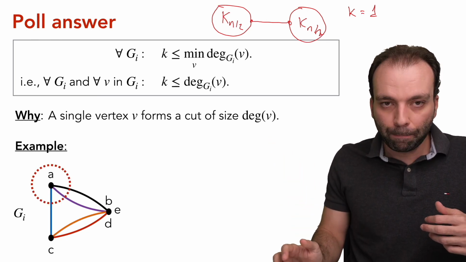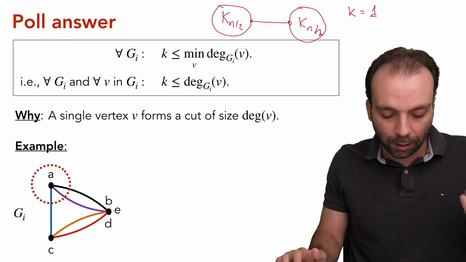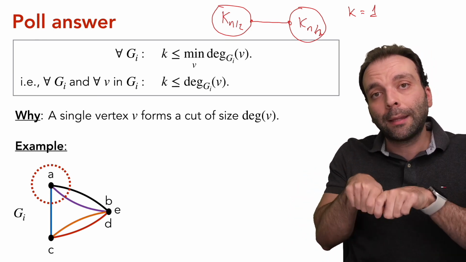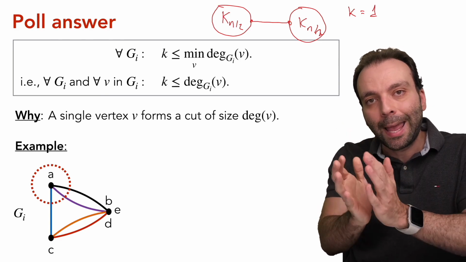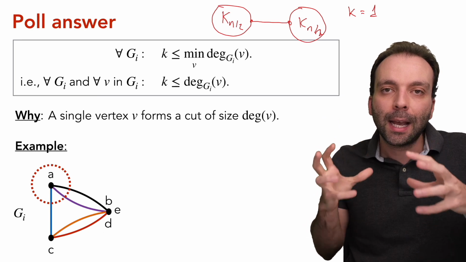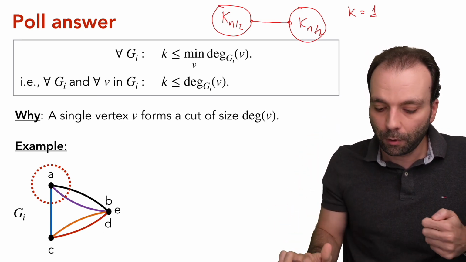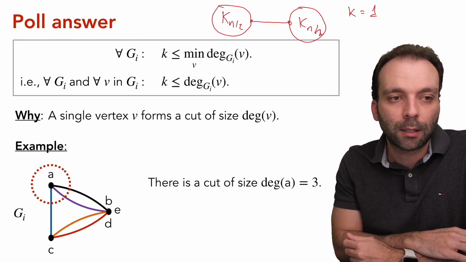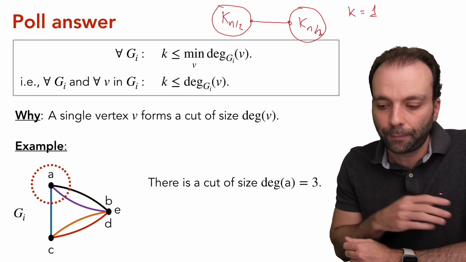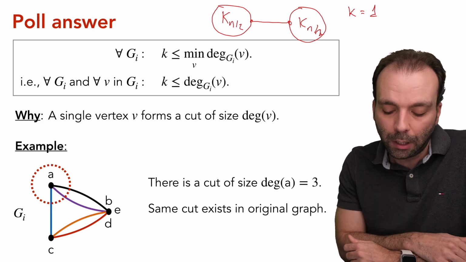Take some vertex, in this case A. If I look at the cut formed by putting A on one side of the partition and everything else on the other side, then I induce a cut whose size is exactly the degree of the vertex. So for every vertex v, there's a cut of size the degree of that vertex. And as we observed before, the same cut exists in the original graph.